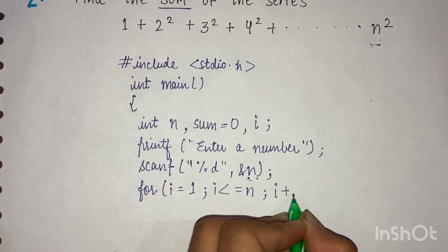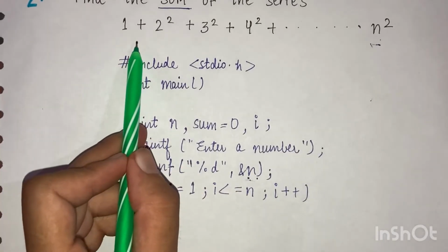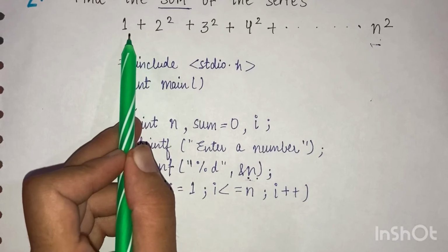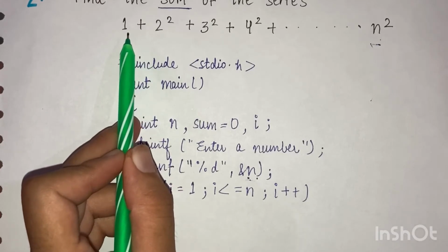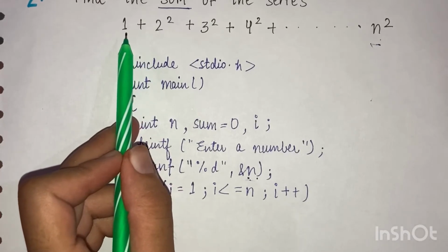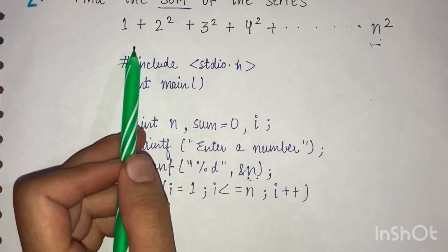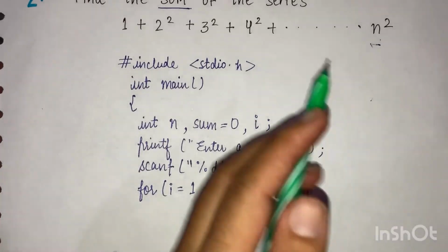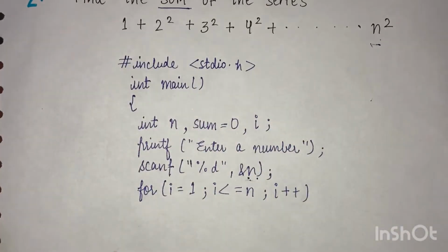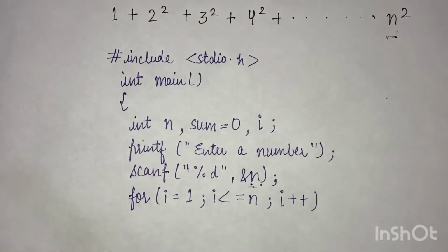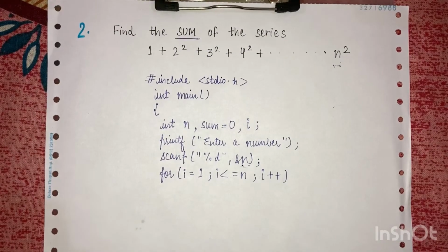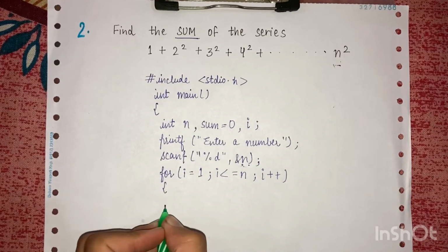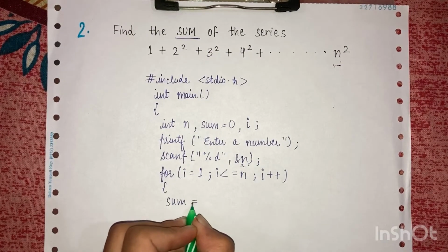Then the updation part, we are increasing the value of i by 1. So that's why I've used i plus plus. i plus plus denotes i is equal to i plus 1. In the dry run you will understand it more clearly, so that time you will understand the logic more clearly.